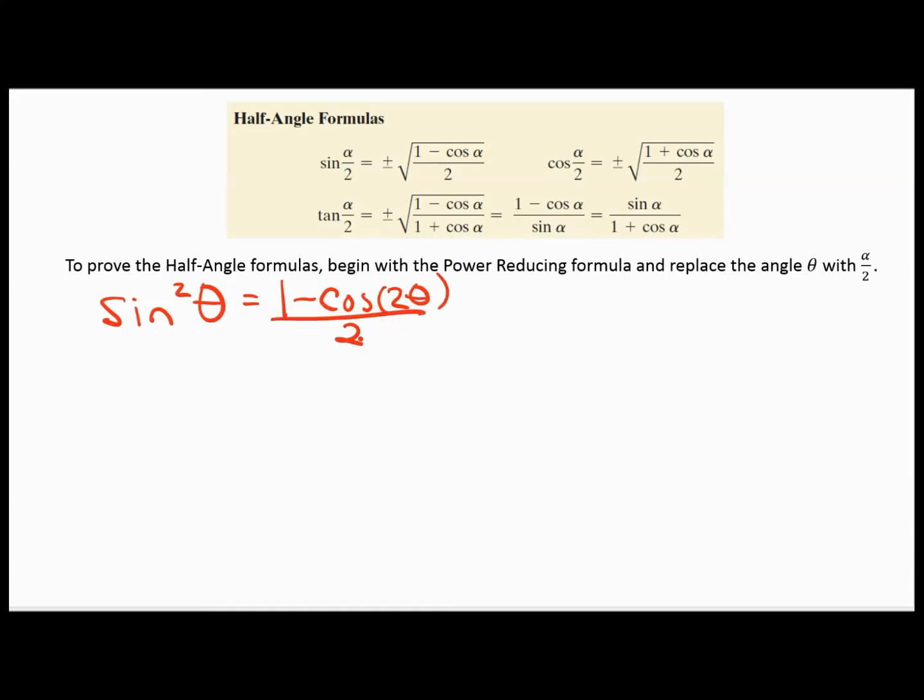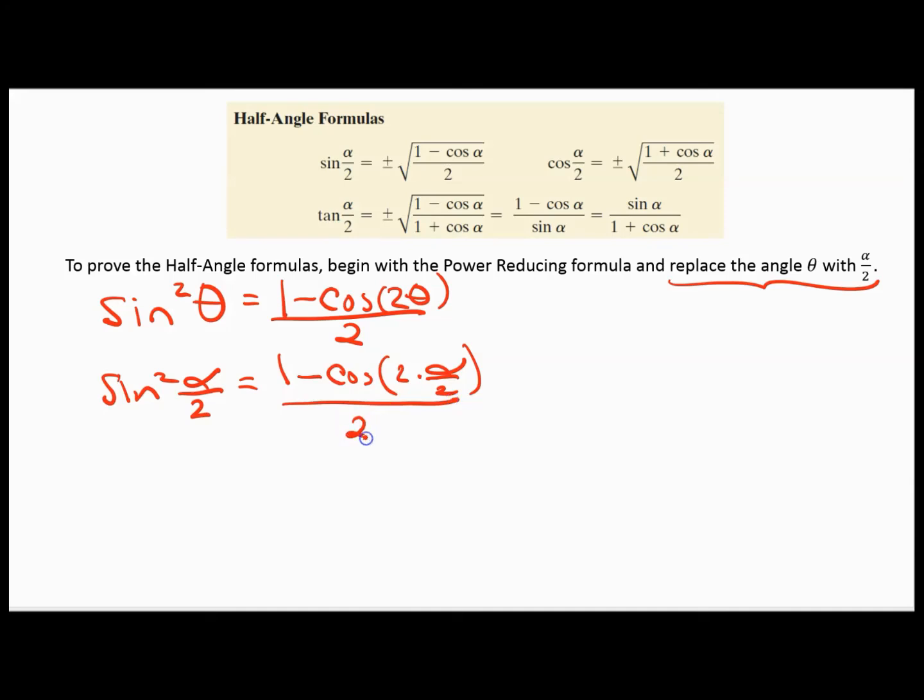Remember, we just used that, okay? Now, it says replace the angle theta with alpha over 2. So I would say sine squared of alpha over 2 is (1 minus the cosine of 2 times alpha over 2) divided by 2.